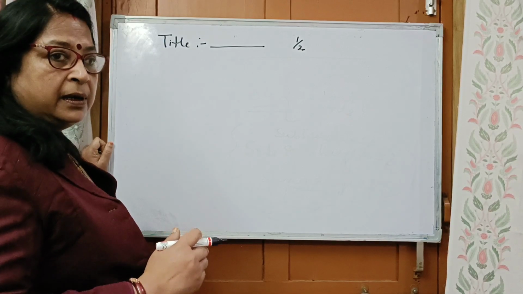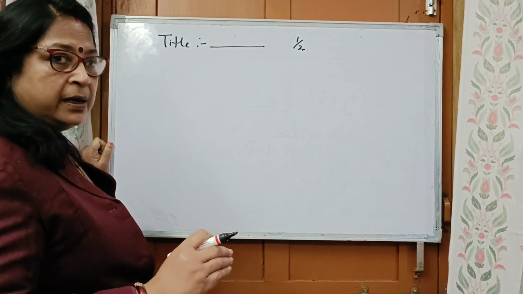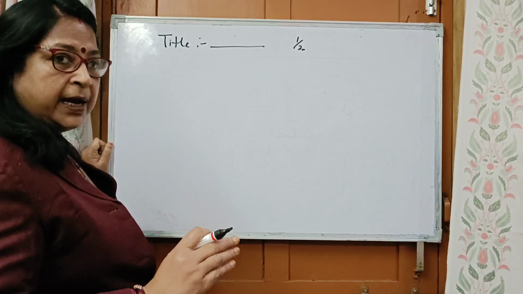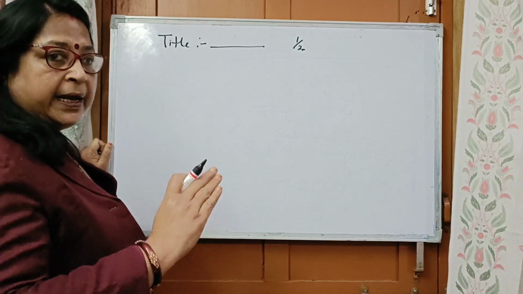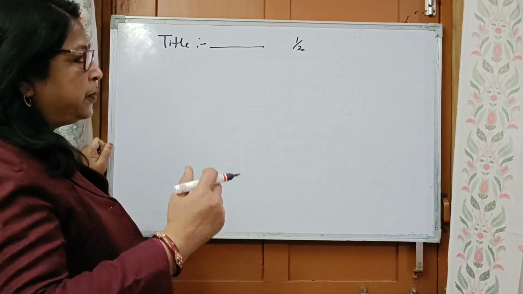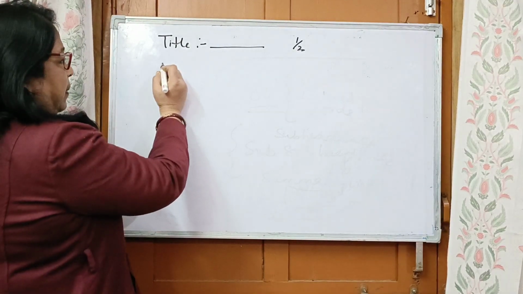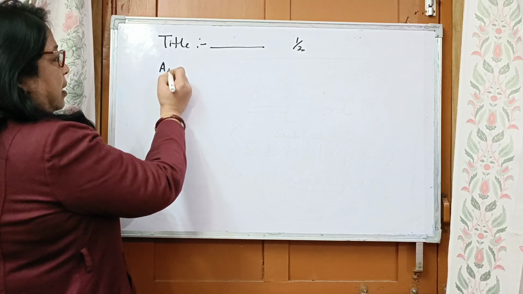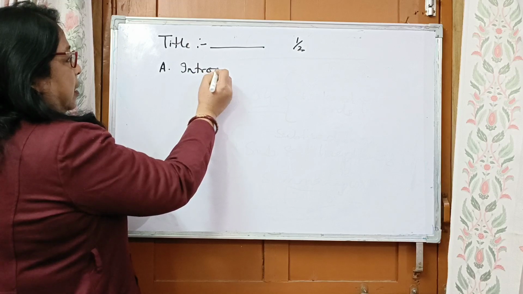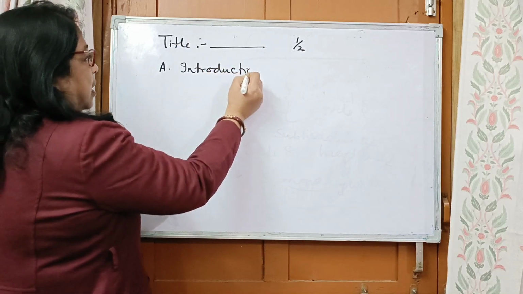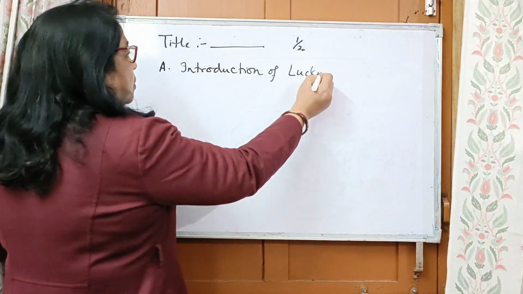For example, it is written Lucknow is the capital of Uttar Pradesh. This state lies in the center of India towards north, and here we may get a mixed culture. So if you write the note making of this, only this part, your heading will be A, introduction of Lucknow.